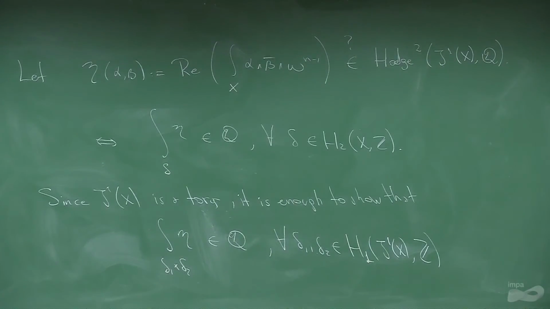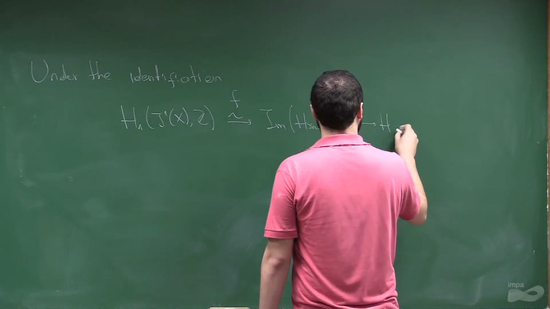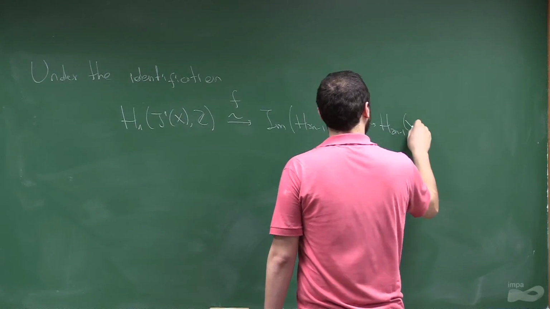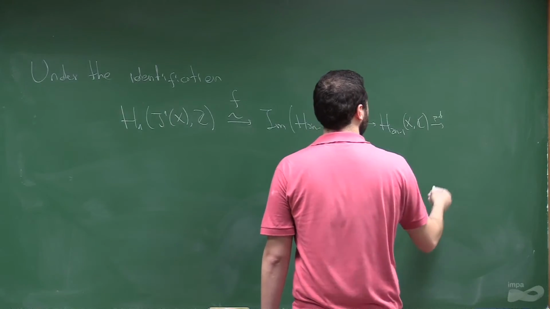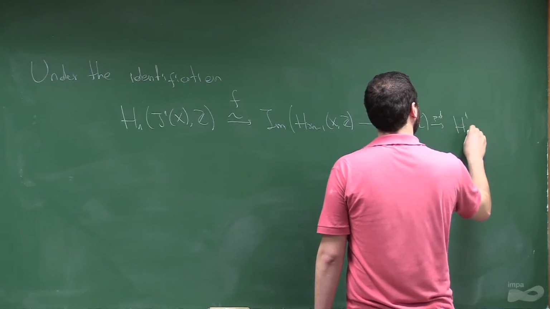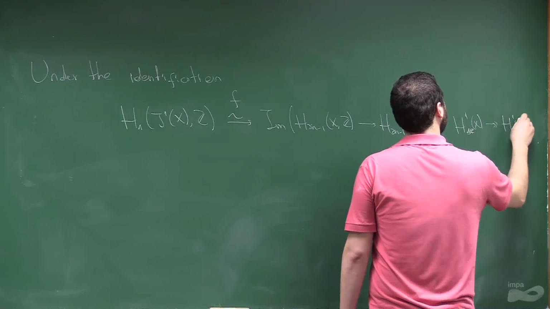Let's say this is f of the image of H2n minus 1 of x with integer coefficients inside, let's say, H2n minus 1 of x with complex coefficients, and then the Poincare duality, H1 de Rham of x, and then the projection to the 1,0 part.